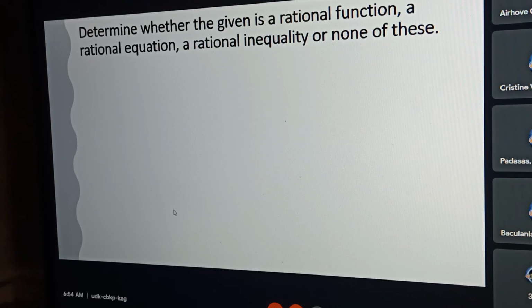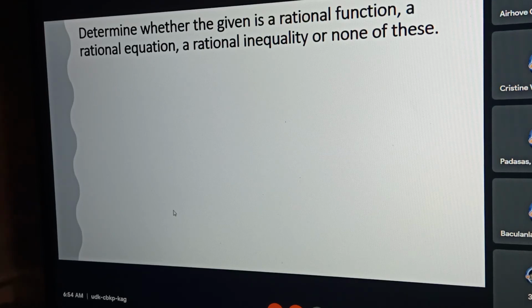If it is not, it means none of these. If it is a rational expression, you can identify where it belongs: a rational function, equation, or inequality. If it is not a rational expression, your answer is none of these.